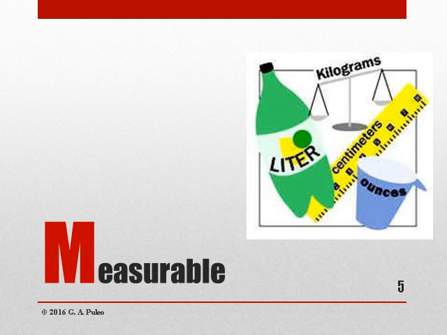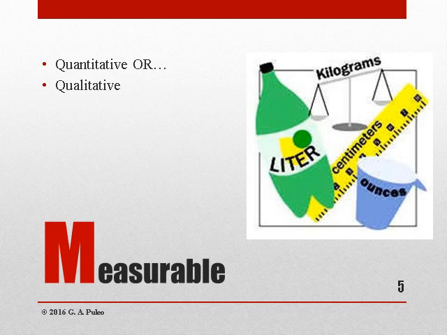Next, you need to make sure that the goal is measurable. Now, it doesn't matter what type of metric you use. It can either be quantitative, that means it's a number, a monetary amount, a volume, anything that you can put in numbers, percentages, rankings, whatever.